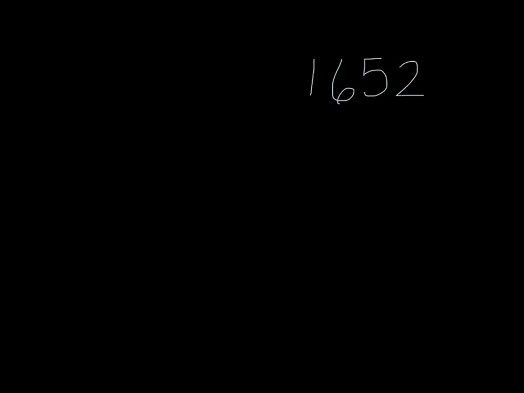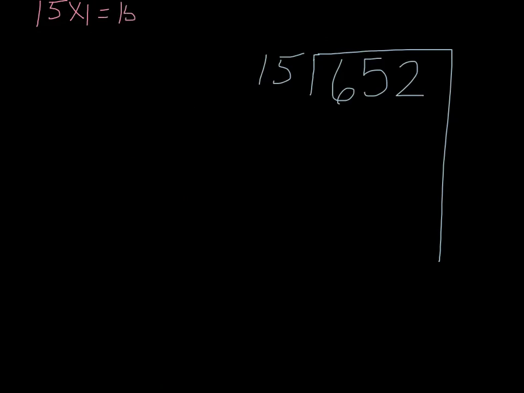We'll divide that by, let's go with 15 this time. Now, remember, what's the first thing I'm going to do? Do my multiple towers. Those are going to tell me how many groups I have. Let's start with 1. 15 groups of 1 is 15.